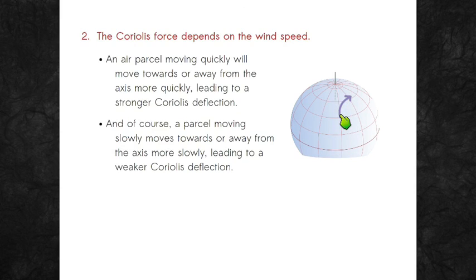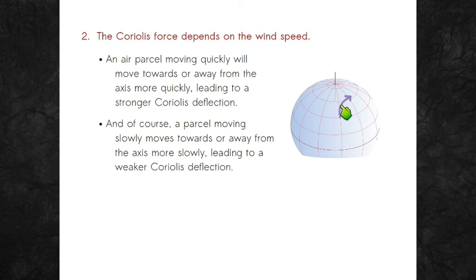Well, the strength of this effect is going to be bigger if we're changing our radius more quickly. That is, if we're moving more quickly towards the poles, if we have a bigger wind speed, then we're going to have this effect happening more quickly. And it's going to be a stronger effect, right?